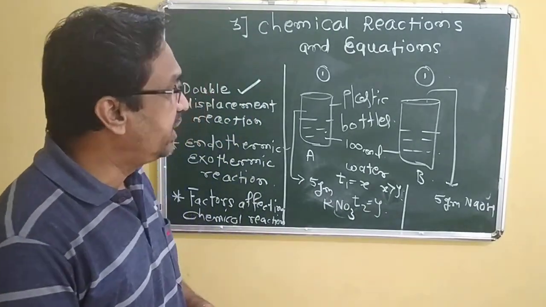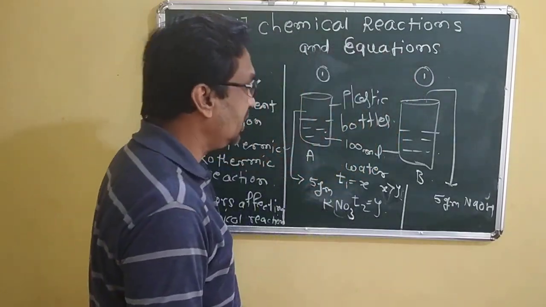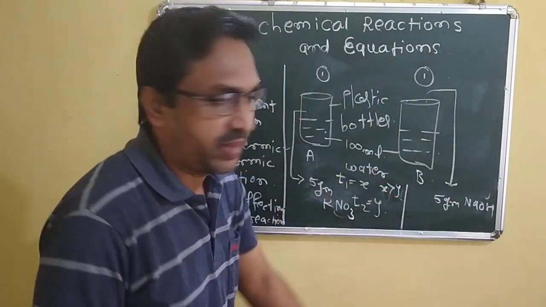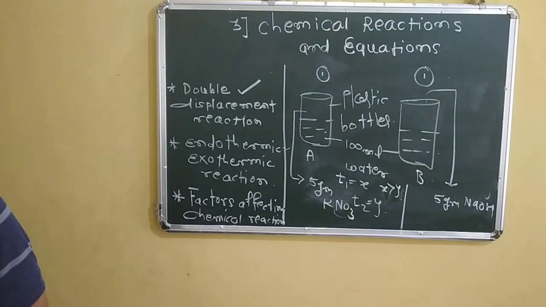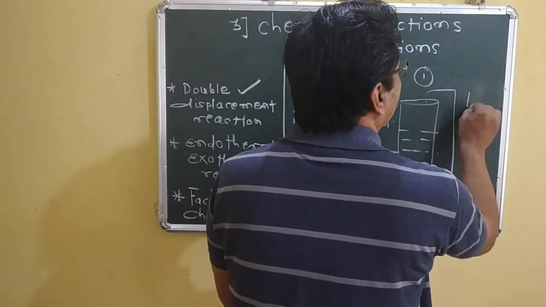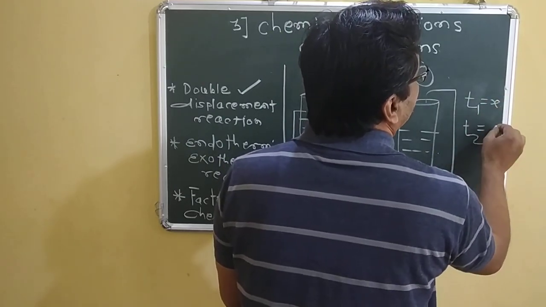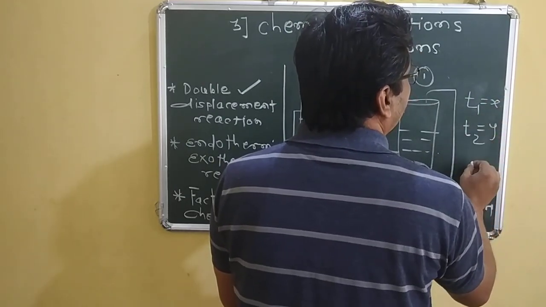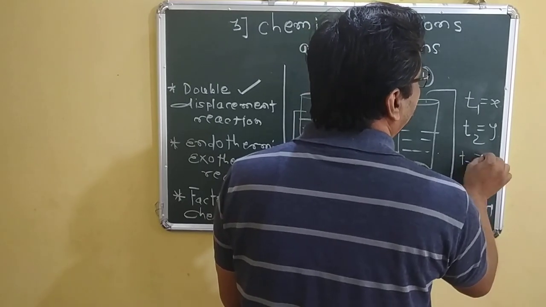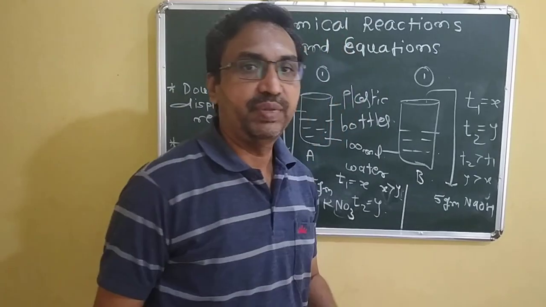But here, in the dissolution of sodium hydroxide, in this process the initial temperature is X and the final temperature is Y, so that T2 is greater than T1, that is Y is greater than X. The temperature rises.